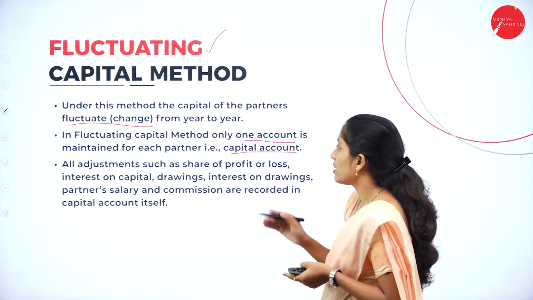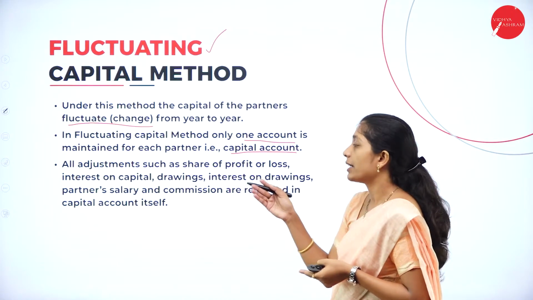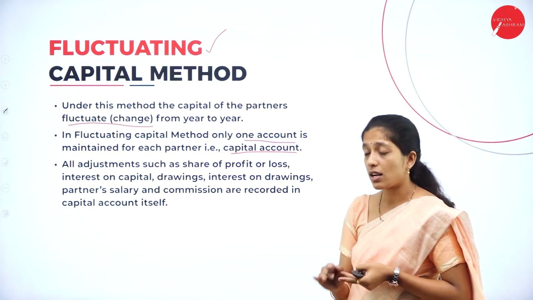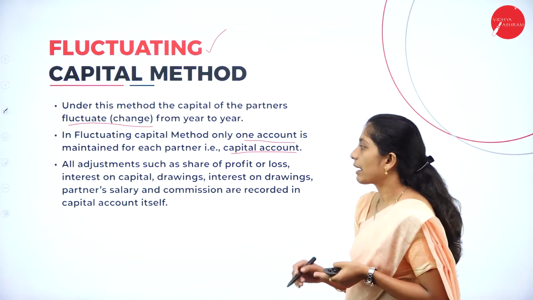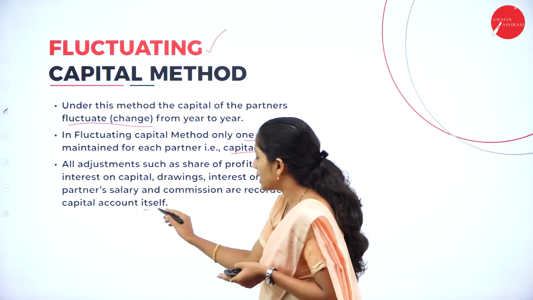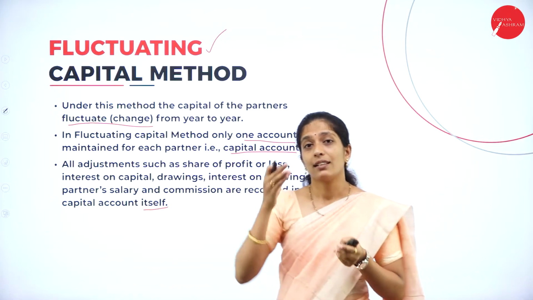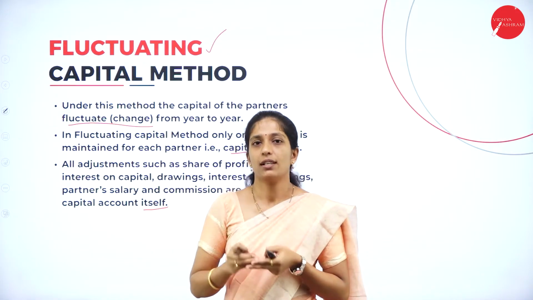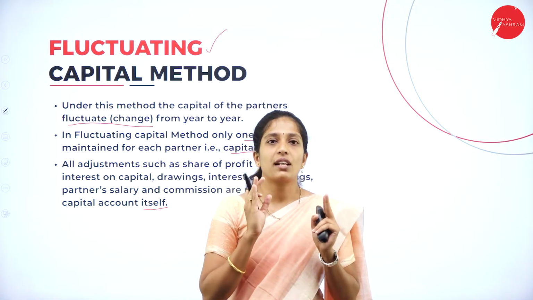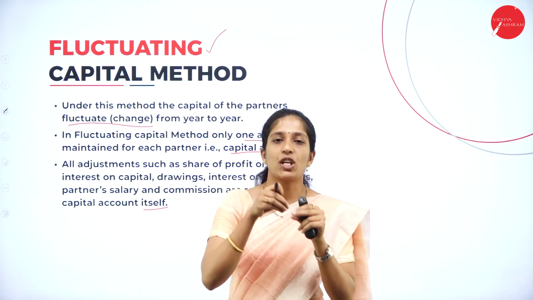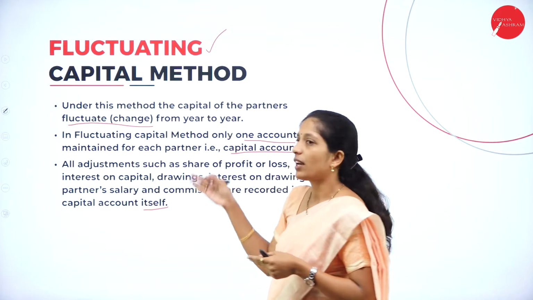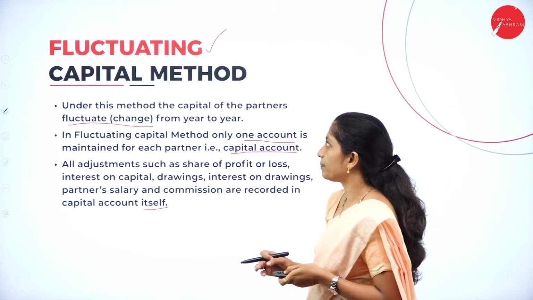All adjustments such as share of profit or loss, interest on capital, drawings, interest on drawings, partner salary and commission are recorded in capital account itself. Whereas there we distribute these items separately, here all the items are put together in one account only. So this is fluctuating capital method.